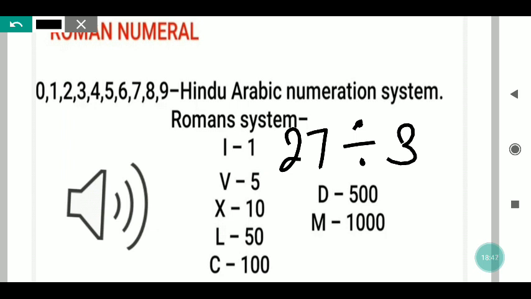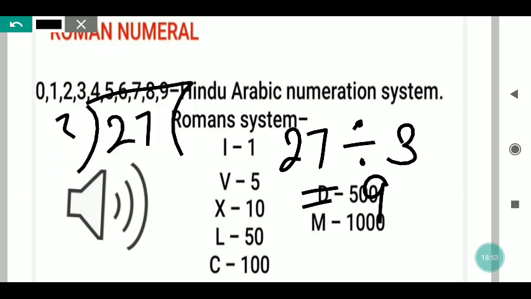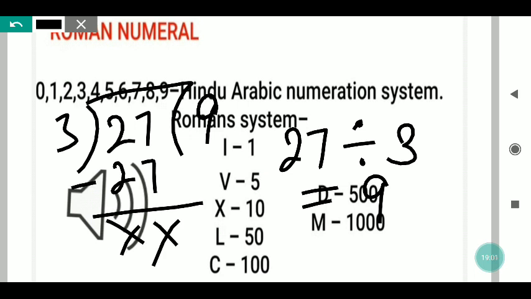In the table of 3, how many times does 27 come? 9 times. So the result is 9, and this 9 we have to write in Roman, that means IX. The result which you get, you will write in Roman.